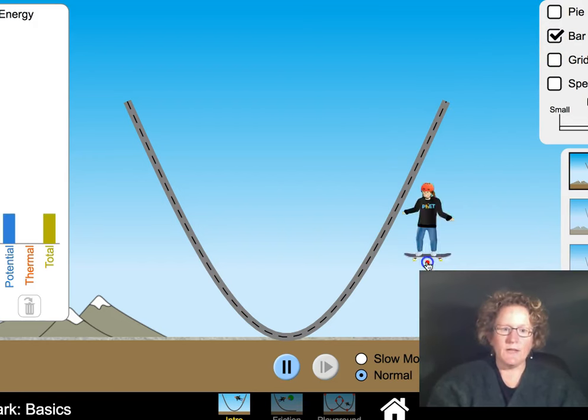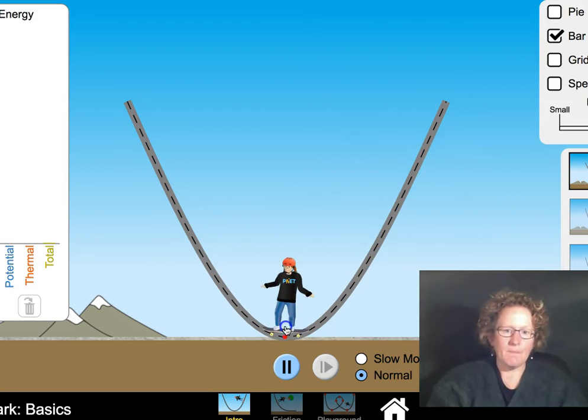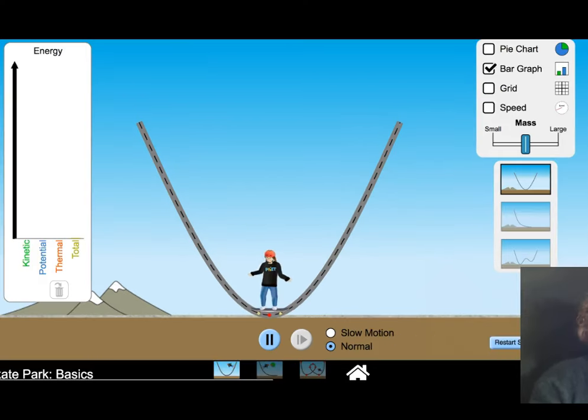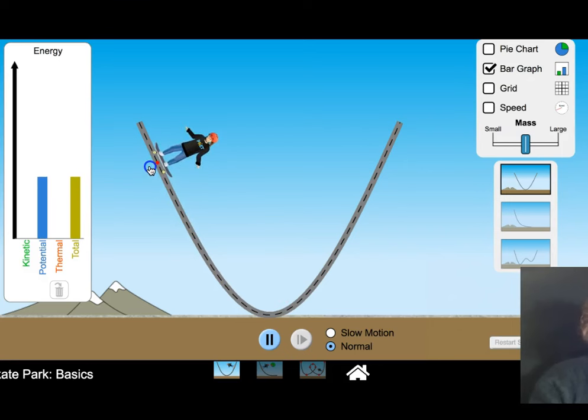We're going to put our skater on the ramp here and watch the graph over here. So again, I clicked bar graph, and I have a bar graph over here. Let's get this skater moving. Let's get her up the ramp a little bit. Oh, look, her potential energy is greater when she's up the ramp with potential to fall down.